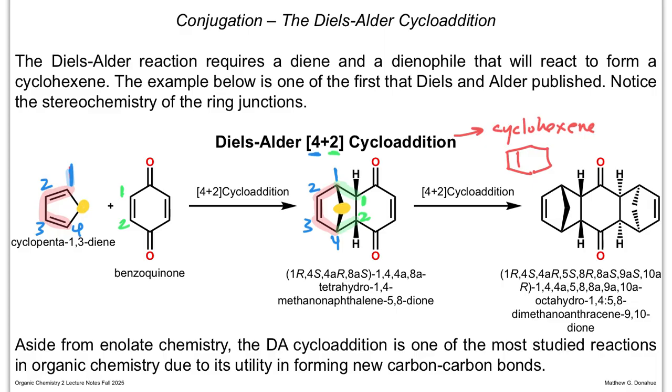So the Diels-Alder is allowing you to form 2 new carbon-carbon bonds in a cycloaddition. In, I think, module 4 of this semester, we're going to learn about these intermediates called enolates. And those are so important that people have won Nobel Prizes for them as well. Those also form carbon-carbon bonds.